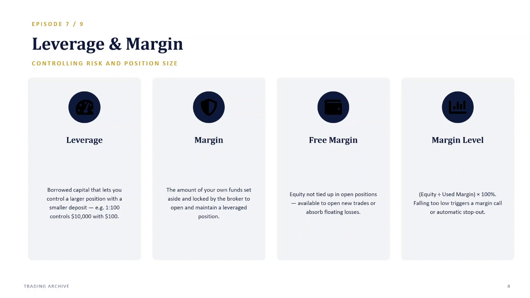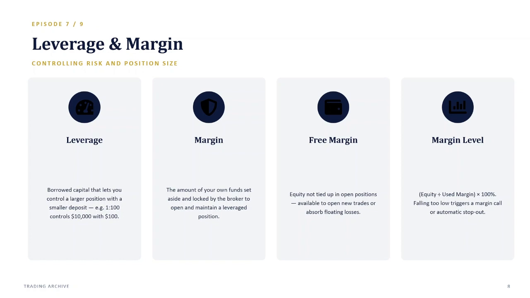What do we mean by borrowed capital? Like I said earlier in other videos, this leverage is given to you by your broker. Your broker is going to give you a certain amount of money. It's not going to go into your account. It's just that when you're trading, the market sees that amount of money.